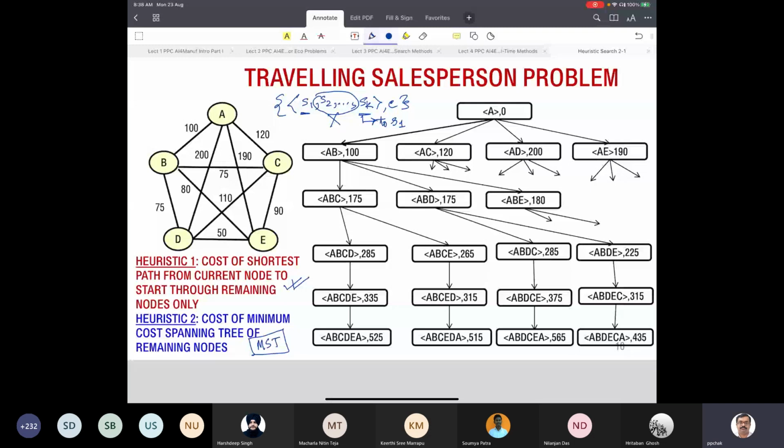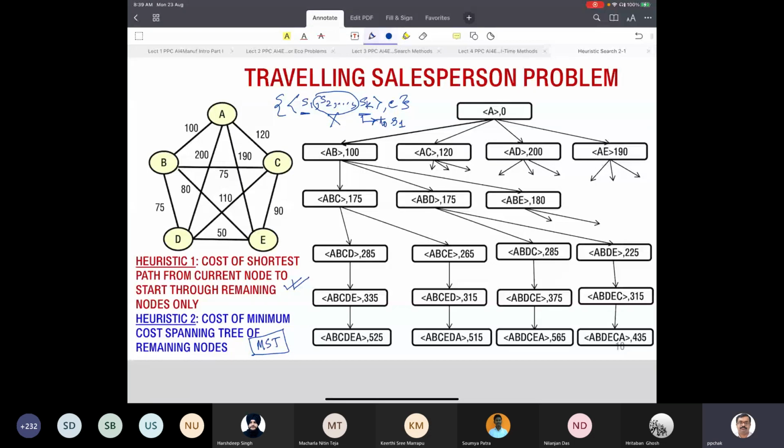By finding the cost of the minimum cost spanning tree, I will get an estimate. But the minimum cost spanning tree, while it covers all the nodes by a tree, is not a sequence of paths. Therefore, the minimum cost spanning tree will also be an underestimating cost.